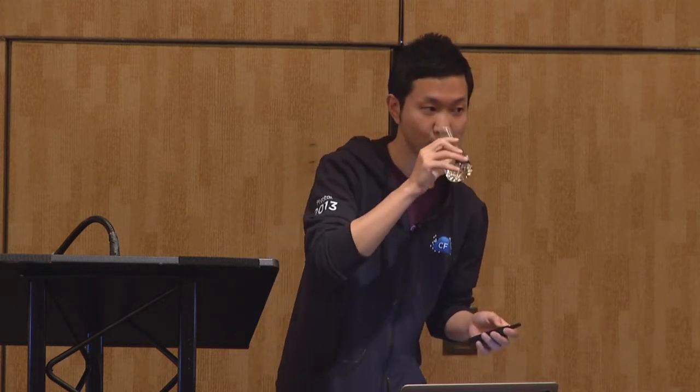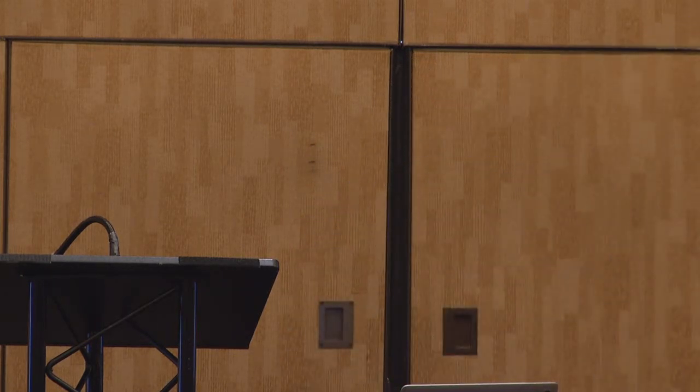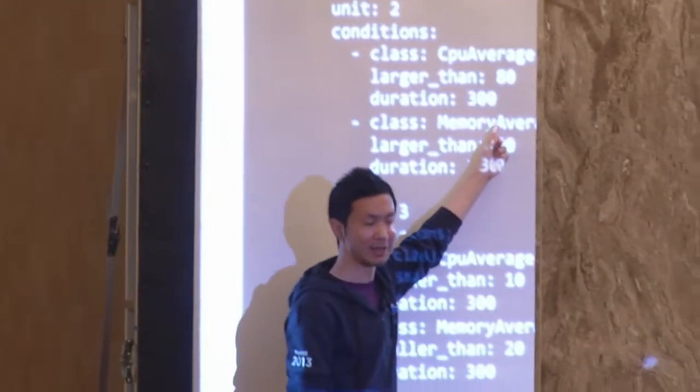Oh, yes, please. How do you avoid scaling crash? I mean, a metric might be showing a threshold, and you might be flapping between scaling up and scaling down. Yes, actually, you can define thresholds with these classes. So, let's see. It's too small, but in this example, you can define a threshold larger than 80.